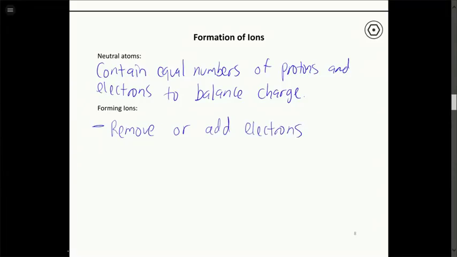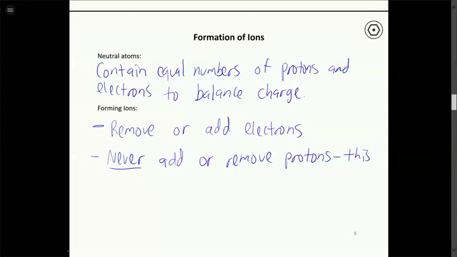It's tempting, and some people make this mistake, but you never want to add protons or remove them from the nucleus. That should be clear based on what we talked about: by doing so, you would change the identity of the atom or the element. So you never touch the nucleus when you're just forming ions.